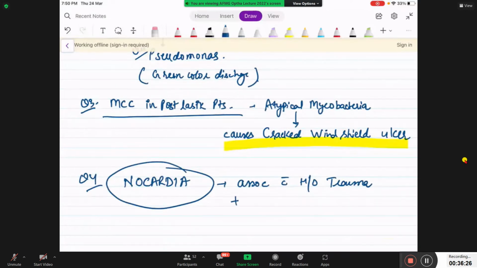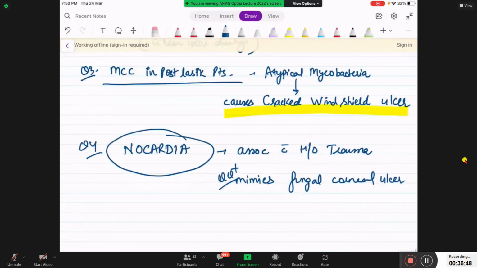And it mimics fungal corneal ulcer. So which bacteria mimics fungal corneal ulcer? The answer will be Nocardia.